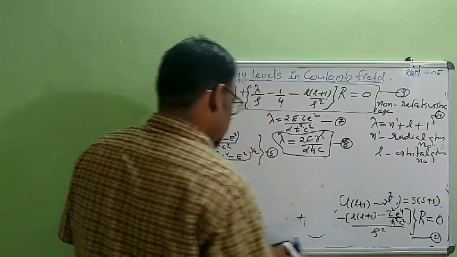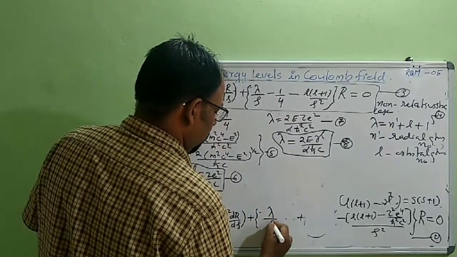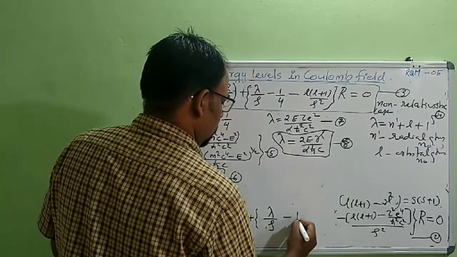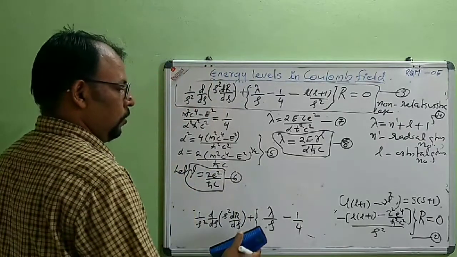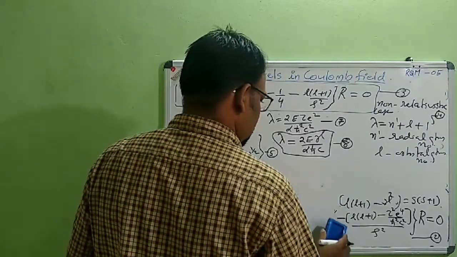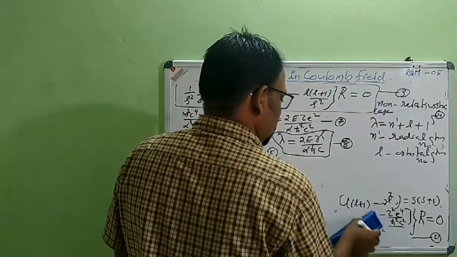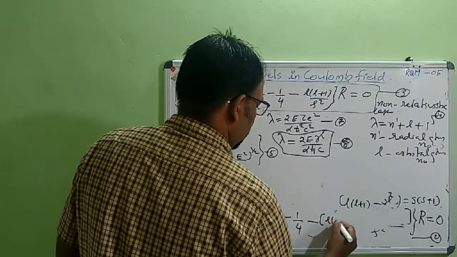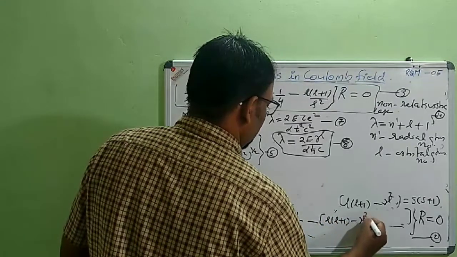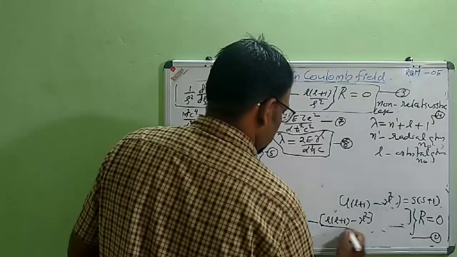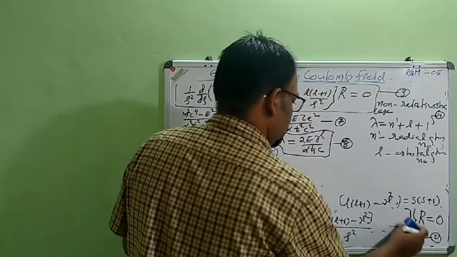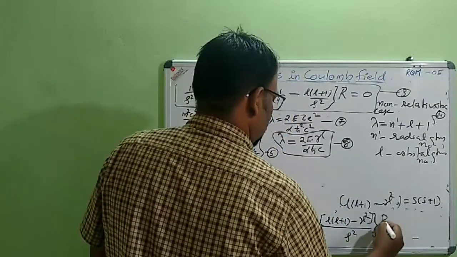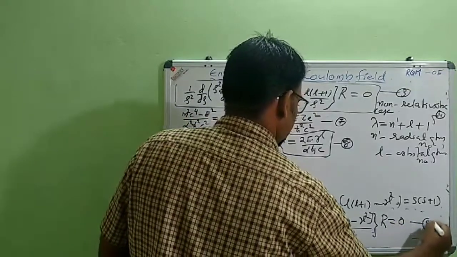So I am writing this equation here: lambda by rho, minus 1 by 4, then the last term, minus of L into L plus 1 minus gamma square by rho square, into R equal to 0, equation number 9.